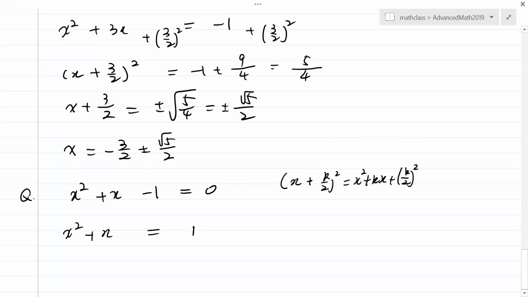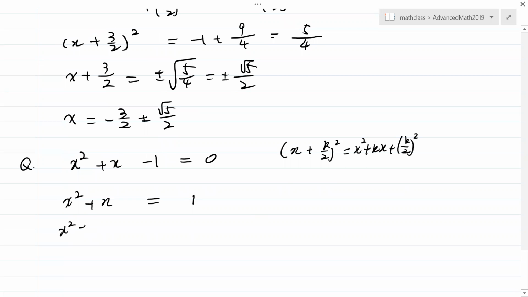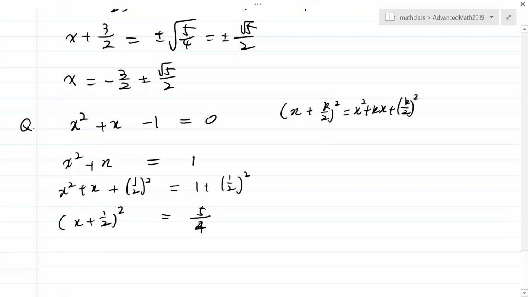So what do you have to put? If you use that formula, k is going to be 1, so you have to divide by 2. Then you can combine them, and this side, adding them together, will be 5/4.